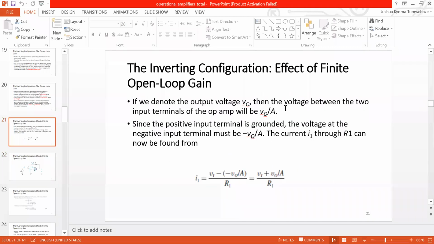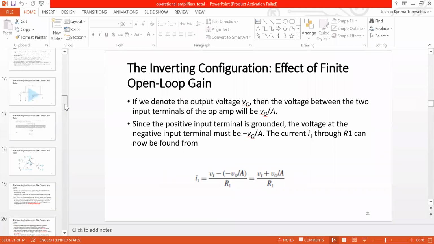You do remember from the preliminary work where we said that the op-amp is a difference amplifier. That means V2 minus V1 is equal to V0 over A.